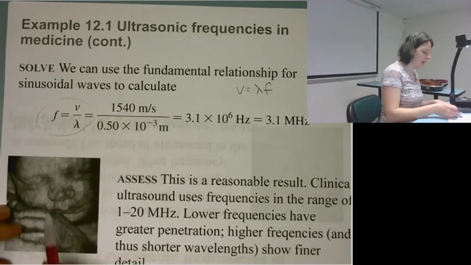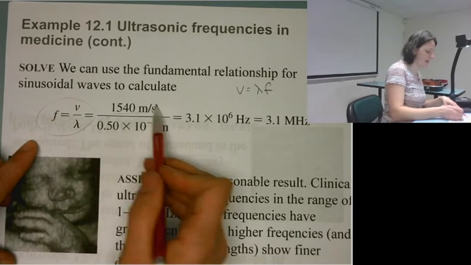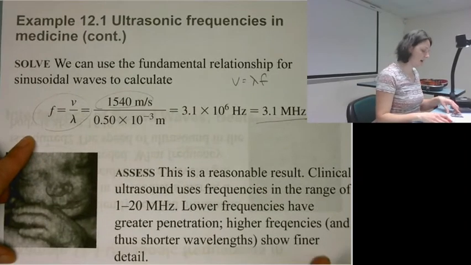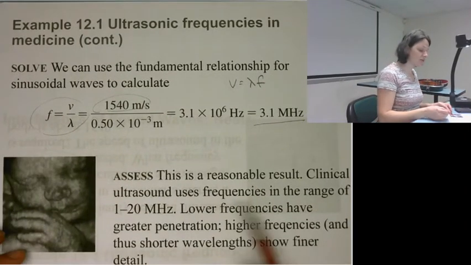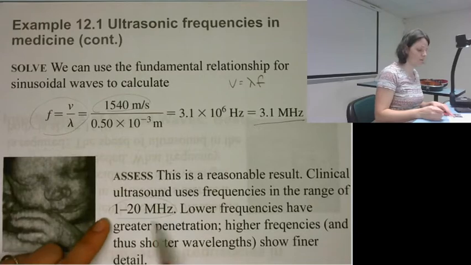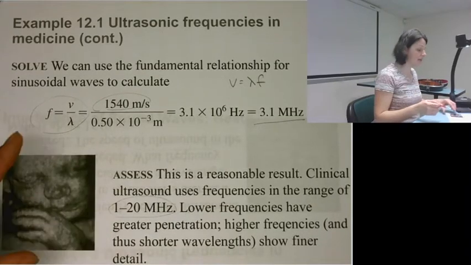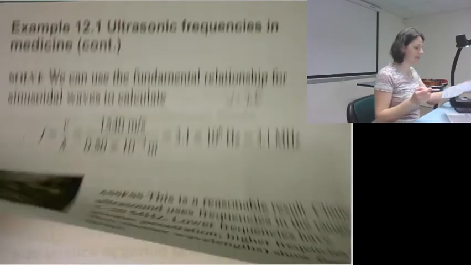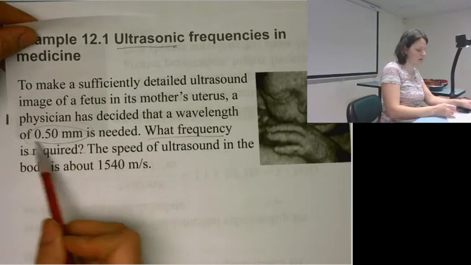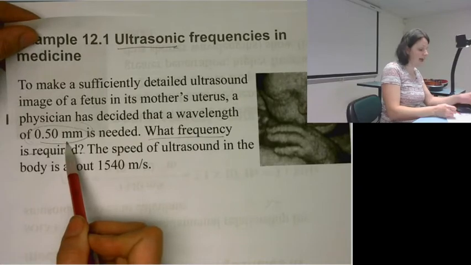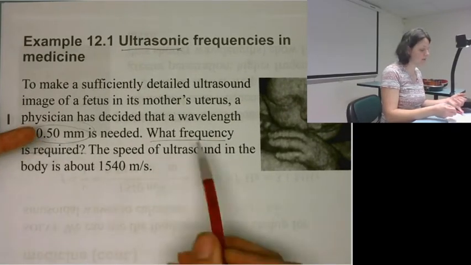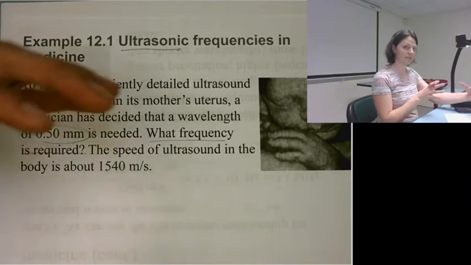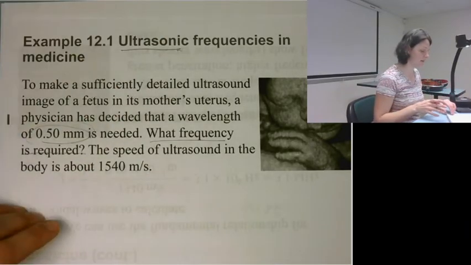The speed of sound divided by the wavelength equals 3.1 megahertz. Ultrasounds use frequencies in the range of 1 to 200 megahertz. For this problem, we wanted to see detail on the order of 0.5 millimeter, and that is what the wavelength is useful for. If we use different wavelengths, we'll see detail on different space scales.